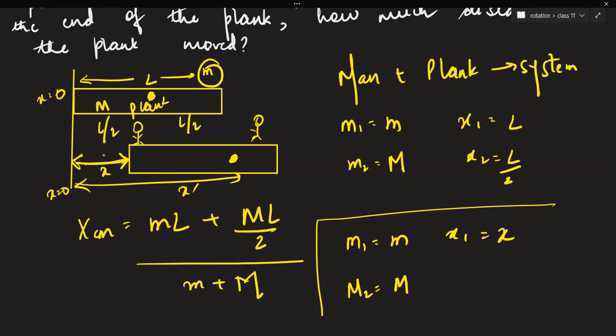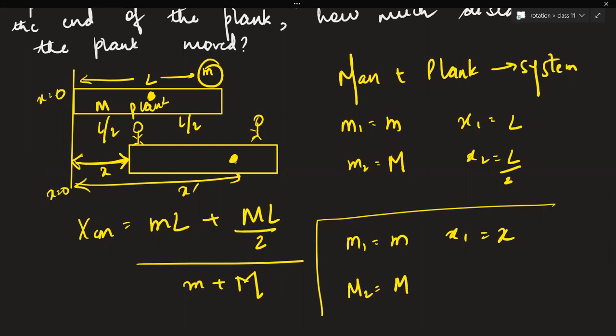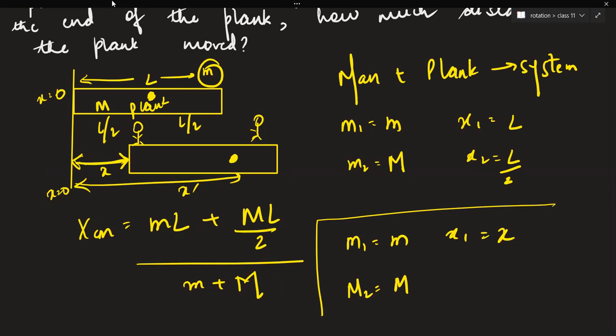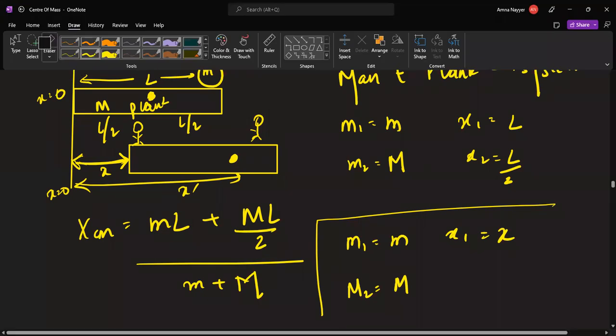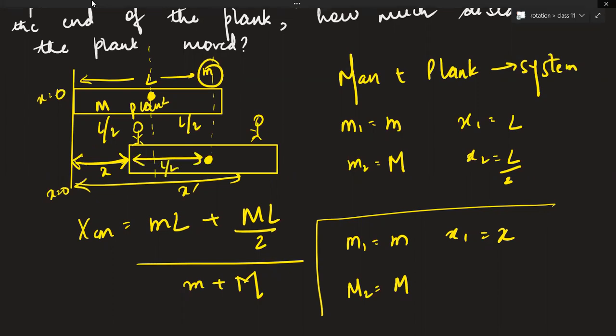But now the center of mass is x dash. Class, you have to understand what this x dash is. The center of mass of the plank has shifted, but I have drawn it a little to the side. It is at the center of the plank, so this length is L by 2.